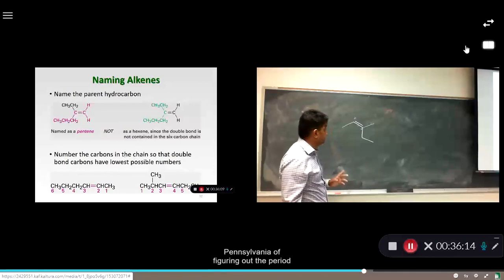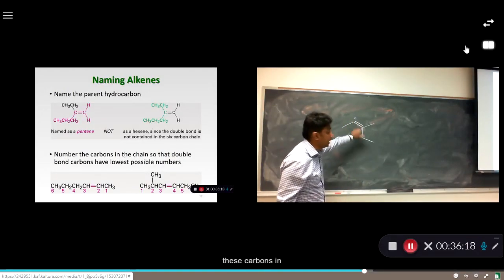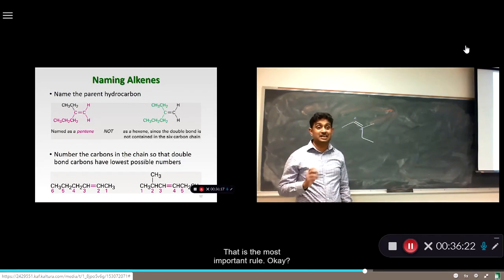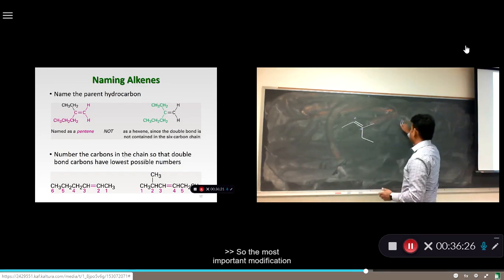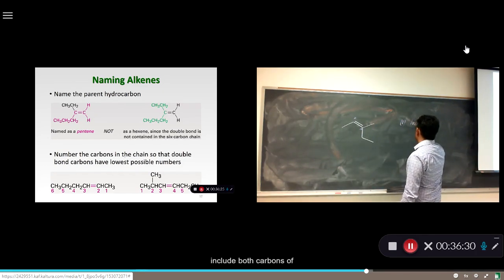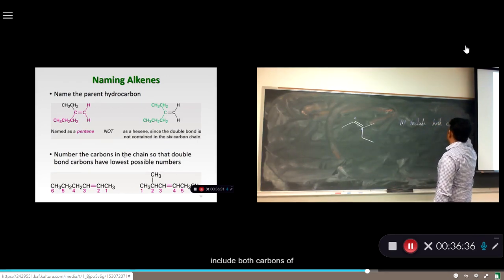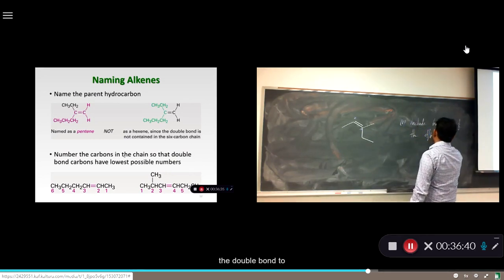Okay, so when you are figuring out the parent, you should always include both these carbons in your parent chain. That is the most important rule. So the most important modification that we will learn today is to include both carbons of the double bond into the parent chain.